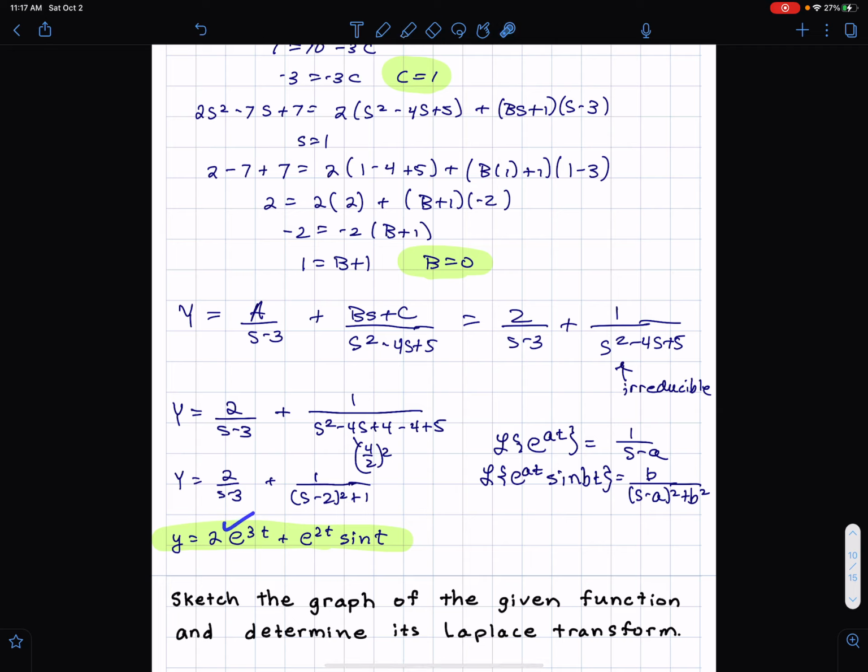I take the derivative, 2e to the 3t, and you get 6e to the 3t. When you put in t equals 0, you get 6. Taking this derivative, you'll get 2e to the 2t sine t, and putting in sine of 0, 0. And then plus e to the 2t cosine t, and then putting in 0, you get 1. So it does satisfy the initial conditions.